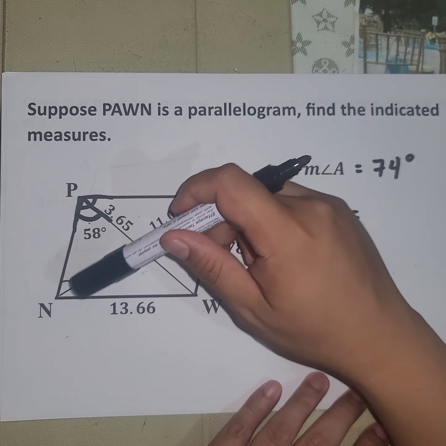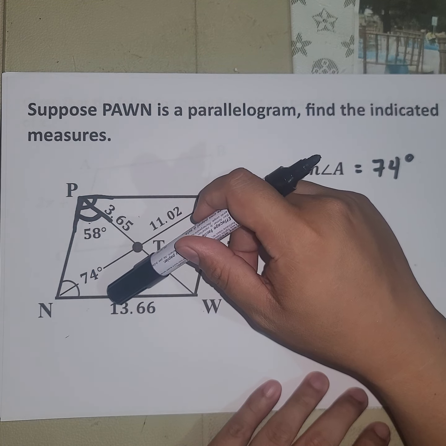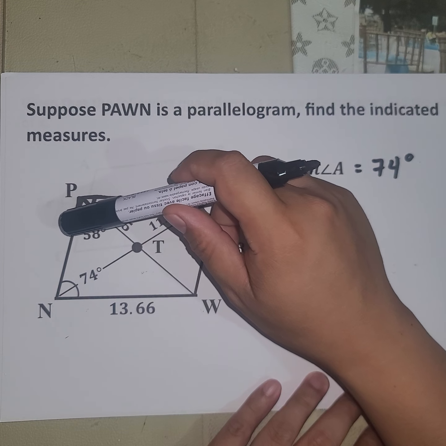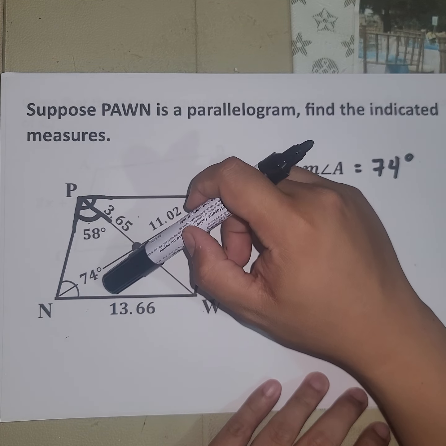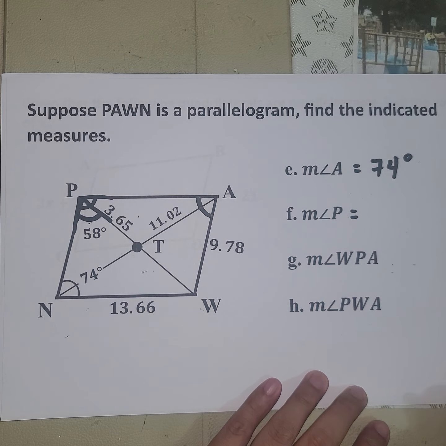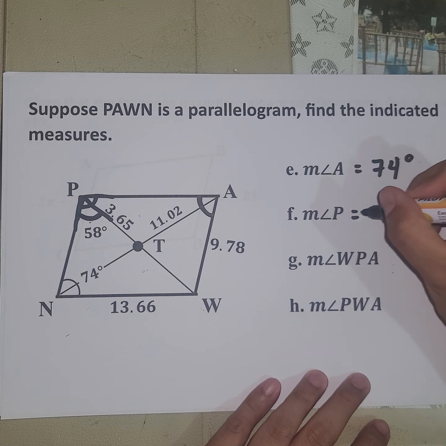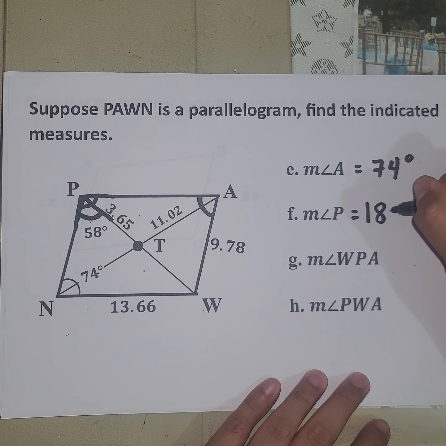So, if you have angle N at 74 degrees, in order to find the measure of angle P, subtract 74 from 180 degrees. The measure of angle P is equal to 180 degrees minus 74 degrees.